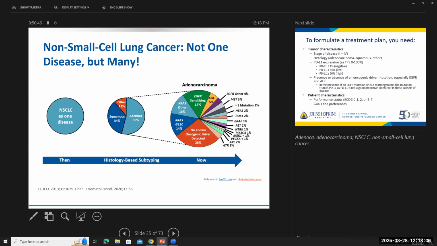Okay, when I was going through pharmacy school back in 2006, we kind of thought of lung cancer, especially non-small cell lung cancer, as like one disease. We kind of refined this thinking into a histology-based subtyping. So remember when I talked about the histology slide and needing to name the cancer, I said you had to know whether something was squamous or adenocarcinoma or non-squamous.